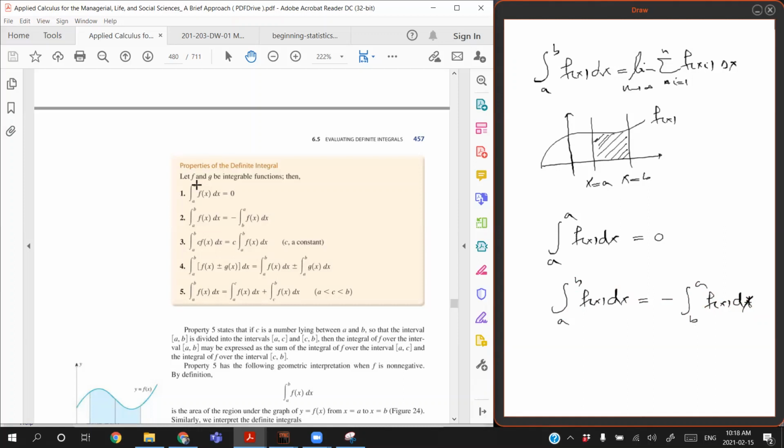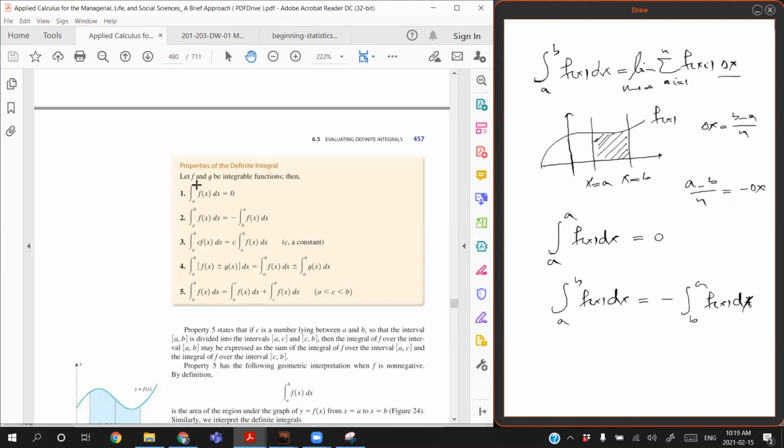And this simply happens because the definition of delta x is b minus a over n. If I swap a and b, I'm going to get a minus b over n, which is the negative of b minus a over n. So that would be negative delta x.